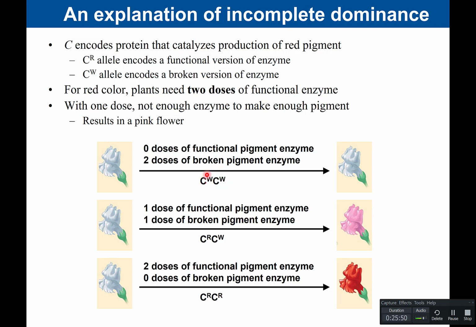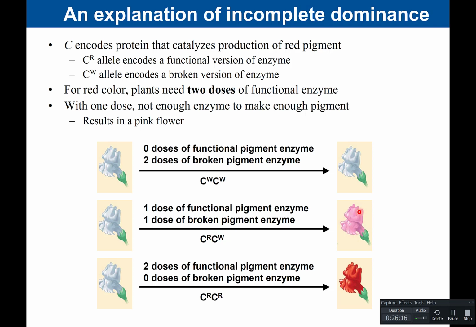So if we're looking at CW CW, 0 doses of functional enzyme, 2 doses of the broken enzyme, which is why they're white. They're the absence of color because they don't have any functional red pigment. CR CW, the heterozygous, has 1 dose of functional, that's the red, 1 dose of the broken, that's the white.